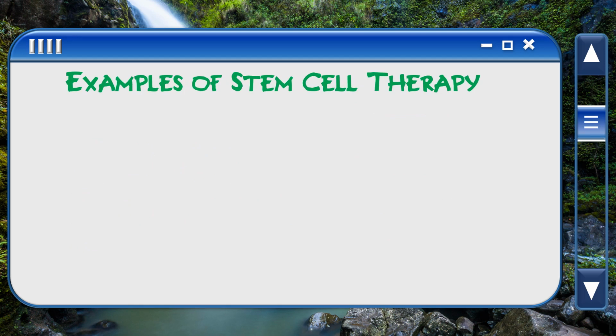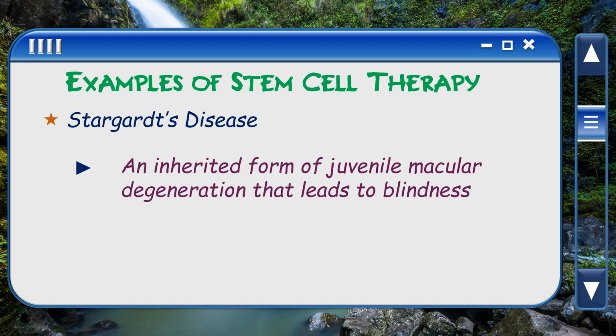Examples of stem cell therapy. We have Stargardt disease. This is an inherited form of juvenile macular degeneration, which can lead to blindness.